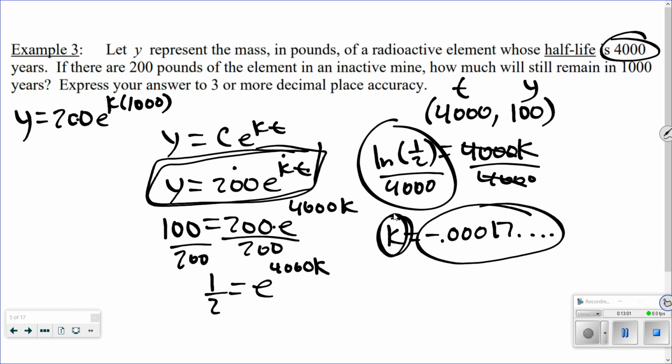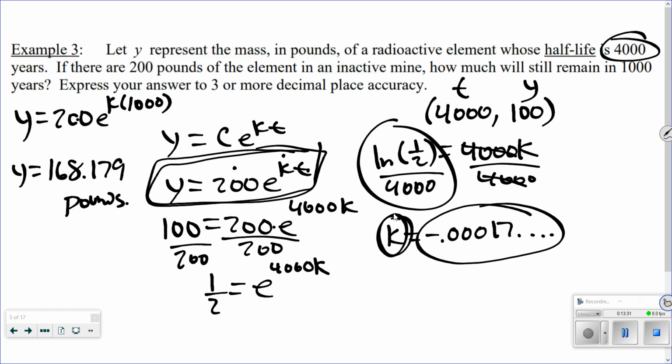So it's 200 times e to the k times 1,000. Hit enter. I got 168 point, let's write this down. So we want how many pounds? So y is equal to 168.179 pounds. Okay.